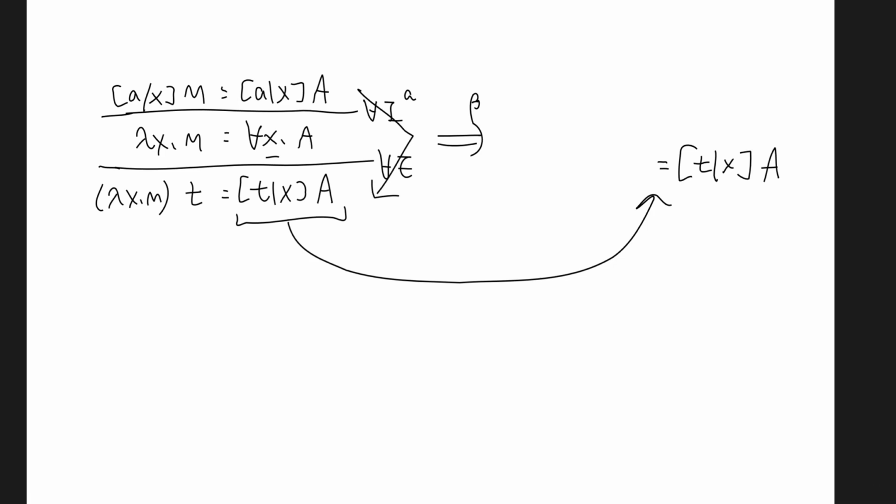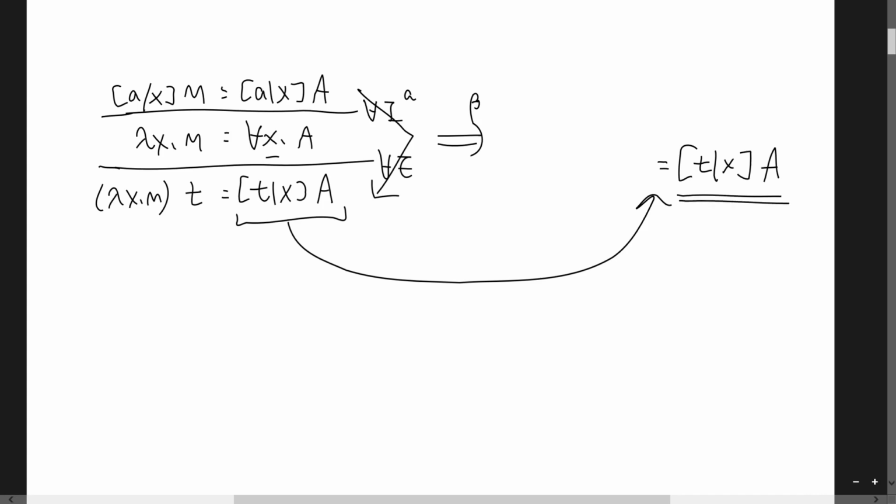So the idea is we have almost found a proof of this one, except that x is replaced by a, not t. So the idea is if we apply the substitution t for a to the entire derivation tree here.